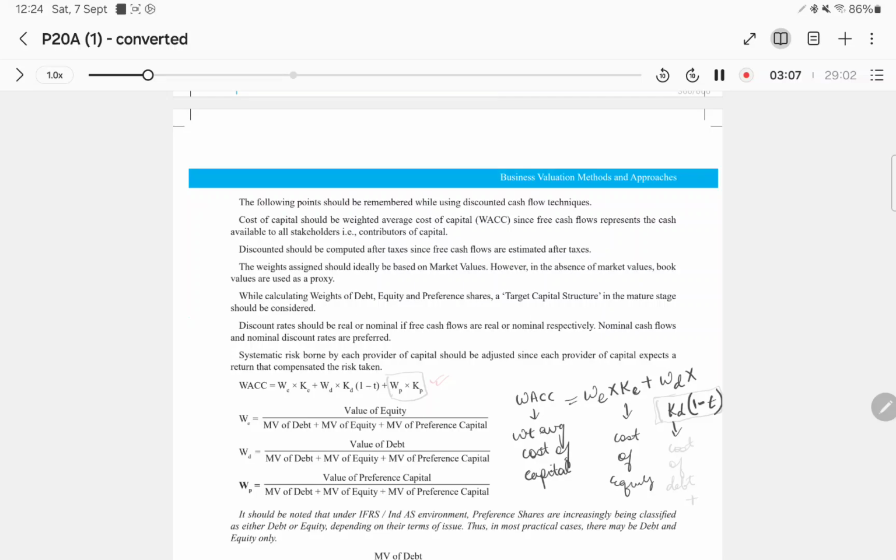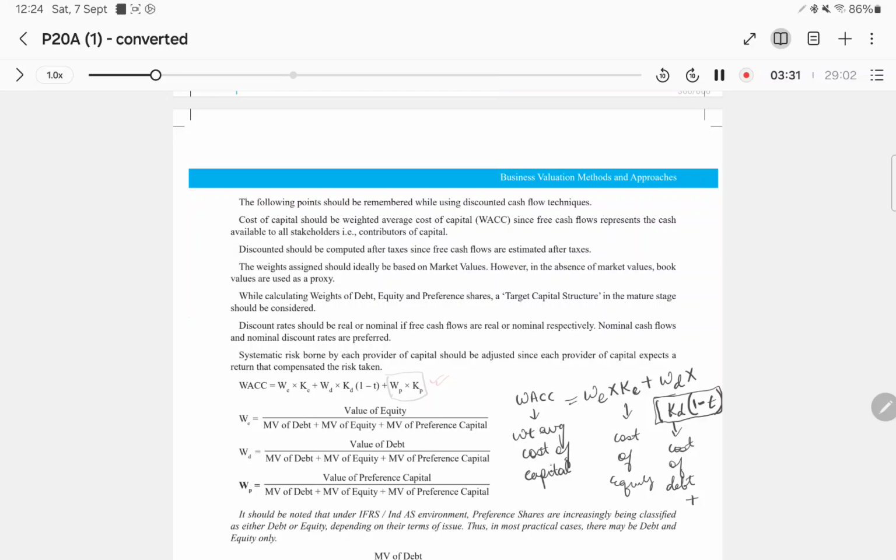That is, from cost of debt, the tax rate is given to you in the question, you need to deduct the tax rate from it. Many students commit a fault due to exam pressure or they forget it. Do remember this thing, that you always have to deduct the tax rate from cost of debt.